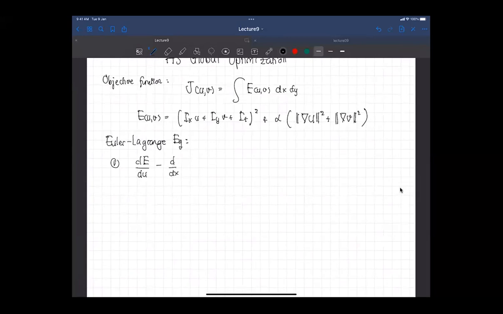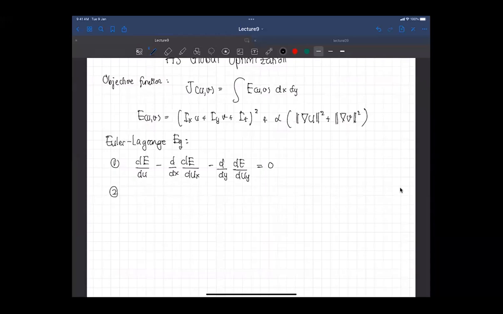Again, t in our case is x here. dE/dux minus d/dy dE/duy equals 0. So this is called the Euler-Lagrange equation for two-dimensional space. And that's the first equation.